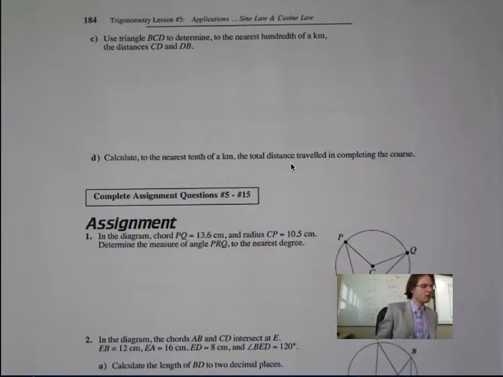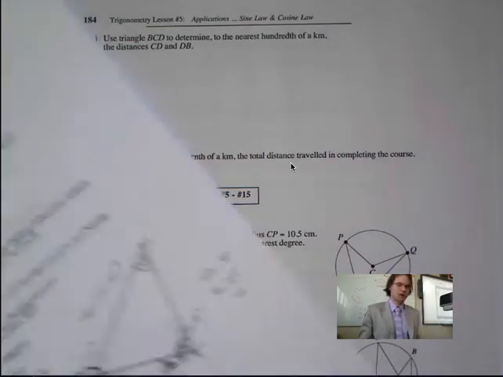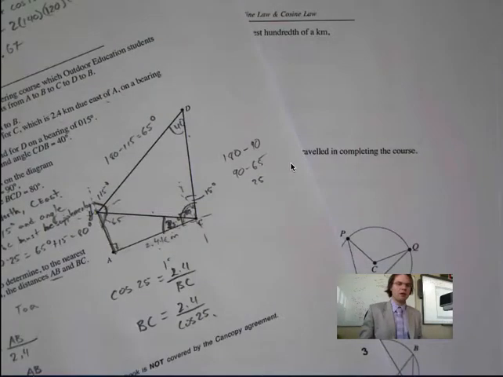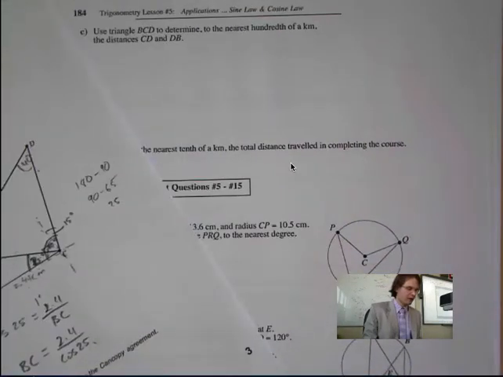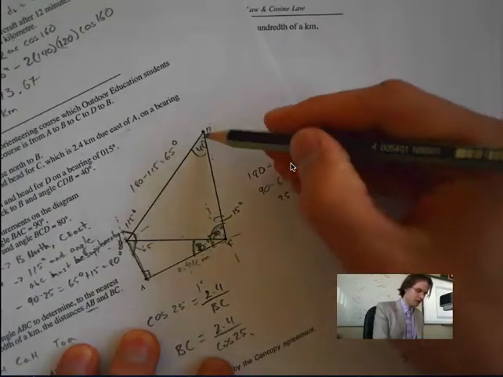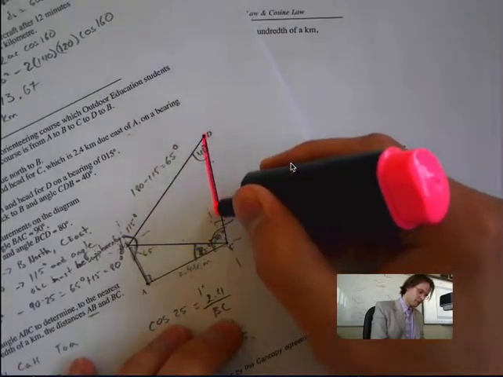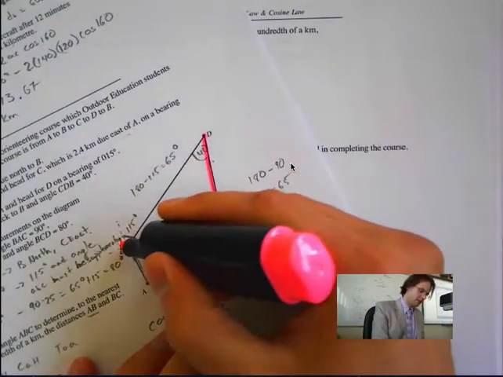Okay, so part C says use triangle BCD to determine, to the nearest hundredth of a kilometer, the distance of CD and DB. So I'm going to take back our diagram here. So we want to find CD and DB. So we're trying to find this side here, CD and DB.